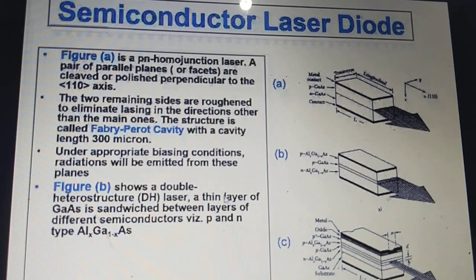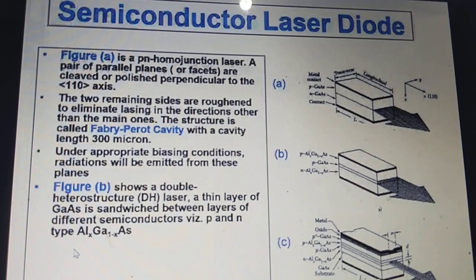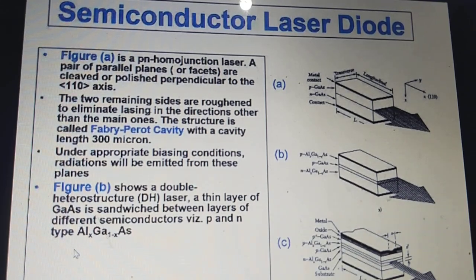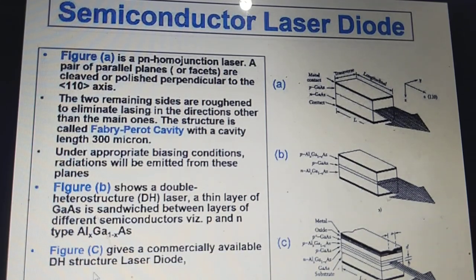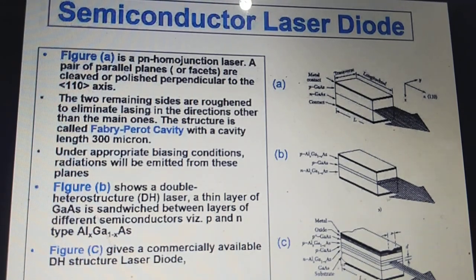But if you go to B, this is a double heterostructure laser. A thin layer of gallium arsenide is sandwiched between layers of AlGaAs, P-type and N-type. And C is the commercially available one. What is available commercially? Metal, oxide, P gallium arsenide, then AlGaAs, then GaAs, then AlGaAs. So it is a very protective structure which is available commercially.